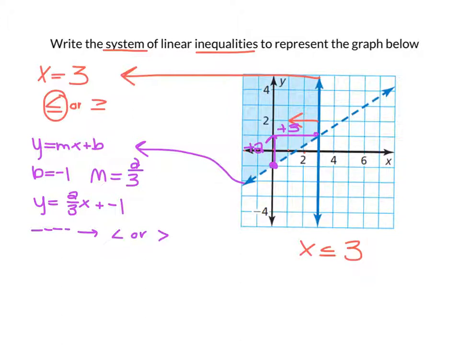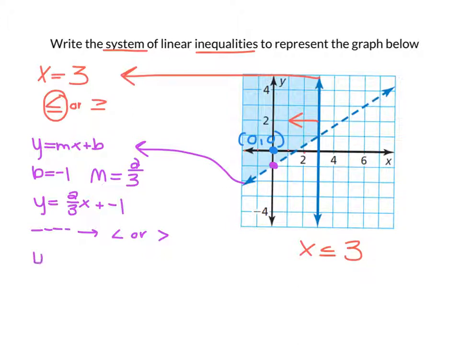And then the last thing I need to decide is which direction my inequality would need to face in order to include the correct shaded region. So what I notice here is that in this shaded region I have the point (0, 0). So I'm going to test out that point into my inequality, and I'm going to make sure that I position my inequality so that point makes the inequality true.